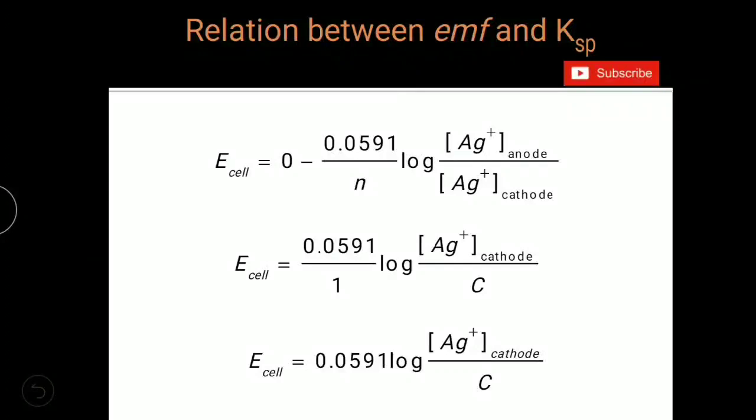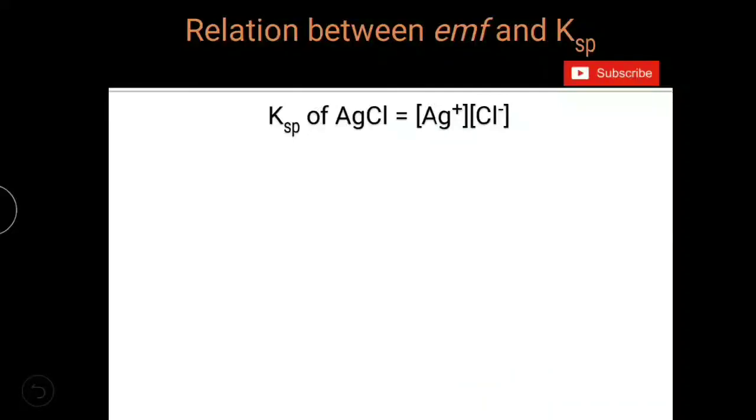So E cell is equal to 0.0591 log Ag plus concentration at cathode by C. C is the silver ion concentration at anode, and in the anode you have the sparingly soluble salt AgCl. If you find out the concentration of silver ions in the anode, it will be equal to the solubility of AgCl. After that you can find out Ksp. So Ksp of AgCl is the product of silver ion concentration and chloride ion concentration.